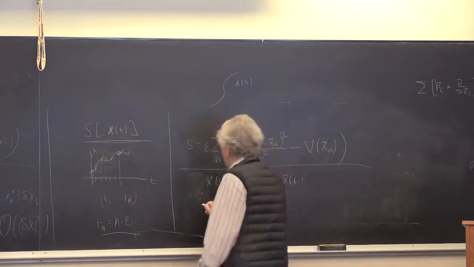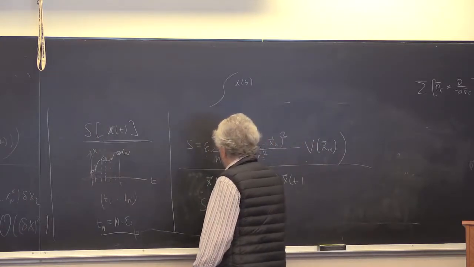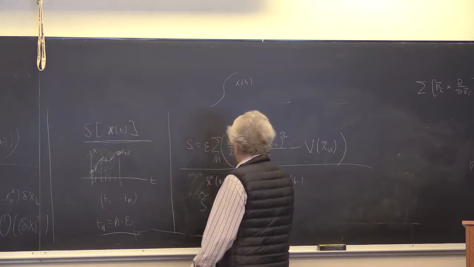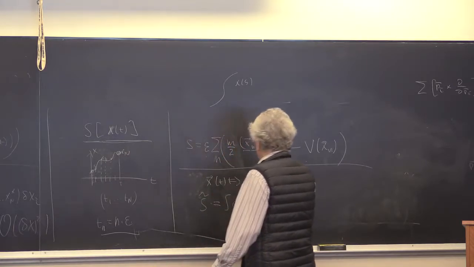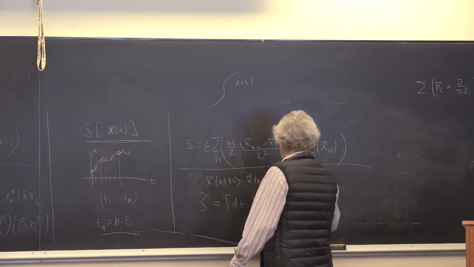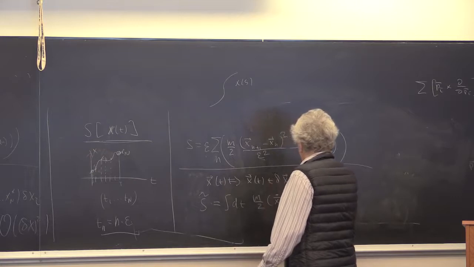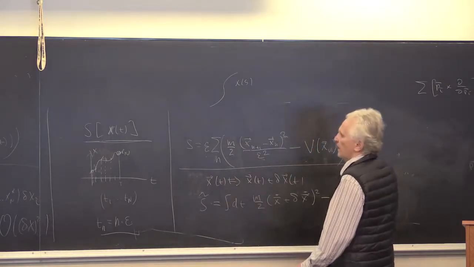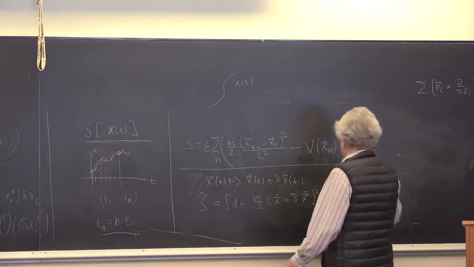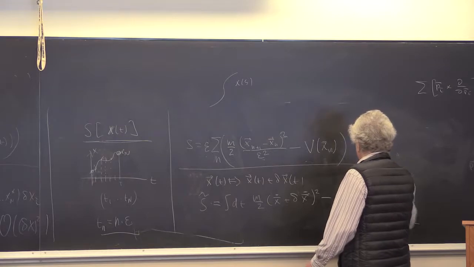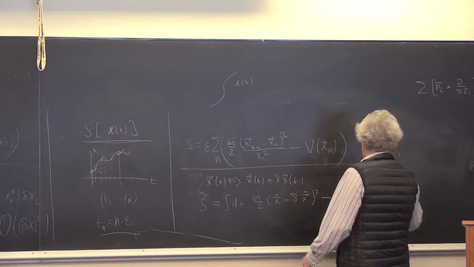And we get the new action, s tilde, will be the integral over dt, m divided by 2, (x dot plus delta x dot) squared, minus v prime, gradient of v, delta x, minus phi, of course.